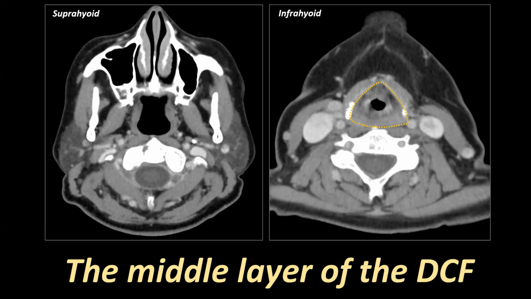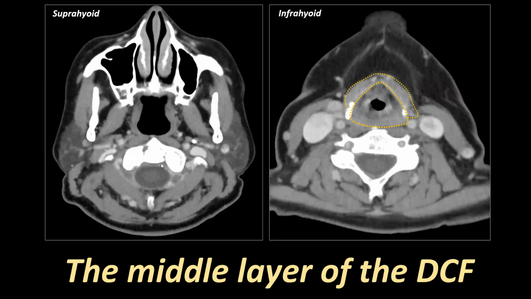And what are those? Well, that would be the proximal esophagus, I hope I pronounced that correctly, the trachea, the larynx, and the hypopharynx. It also encircles the strap muscles, as indicated over here.